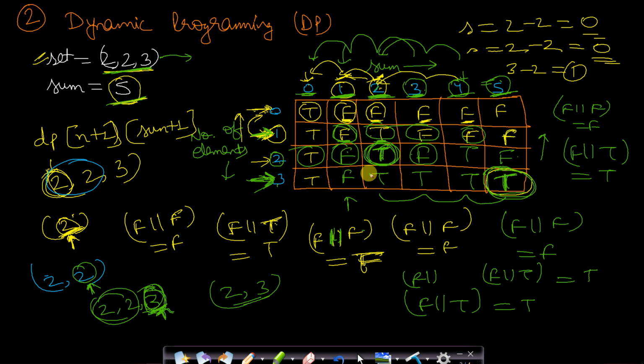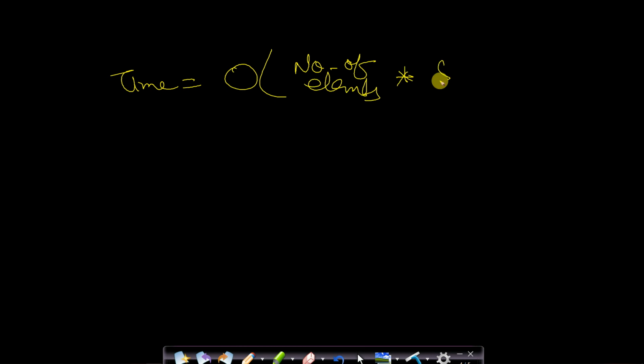So this is the entire dynamic programming method, and the time complexity of this dynamic programming approach is order of the number of elements, which is the number of rows, times the sum. The number of rows was actually the number of elements plus 1, but that is a constant, therefore we don't add it.